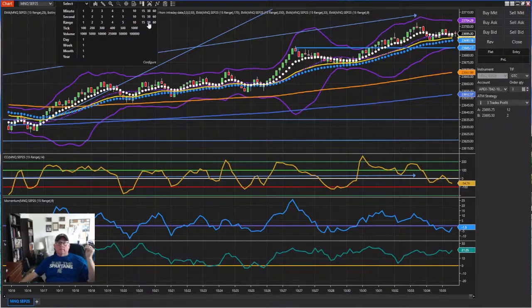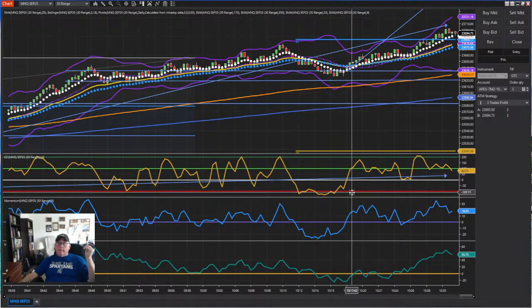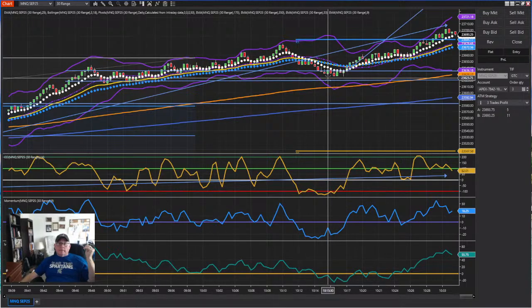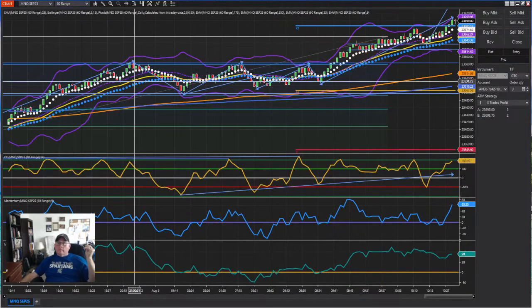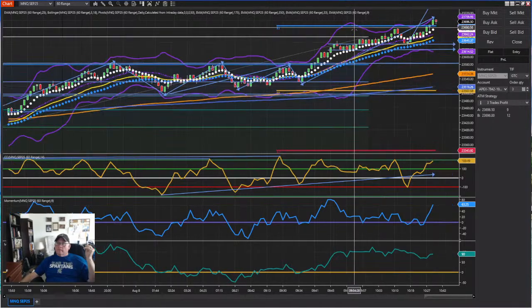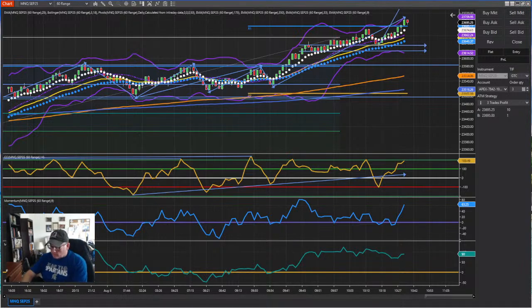$15 range, 30 range, rounded. So I'm happy with what I've done so far.